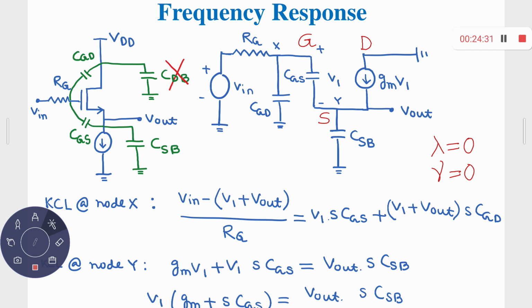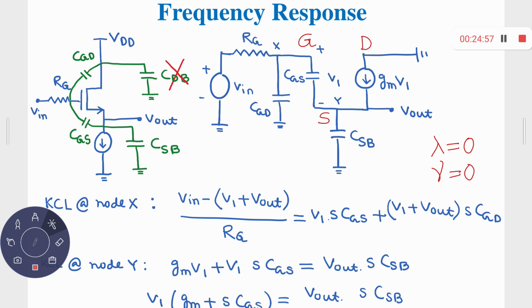X to Y, the difference is V1, and Y to ground, it is V out. So X to ground, the voltage is V1 plus V out. So this is V in. Current flowing through this is V in minus this voltage Vx, that is V1 plus V out, upon Rg.